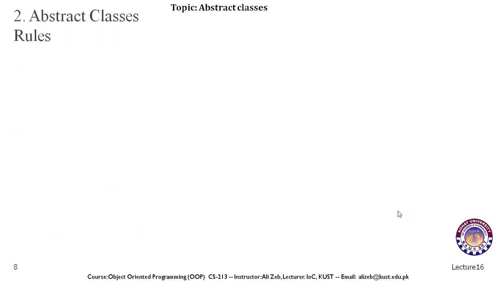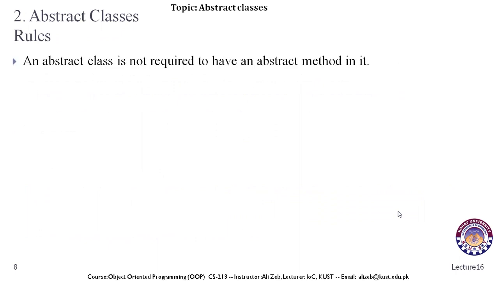There are some rules that we need to remember when we use abstract classes and abstract methods. An abstract class is not required to have an abstract method in it. As I said earlier, for an abstract method, it is compulsory that it be declared in an abstract class, but the reverse is not true. We can have an abstract class without an abstract method.